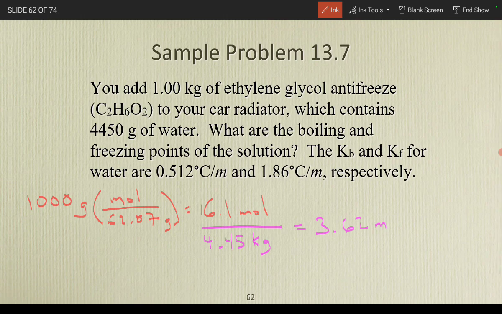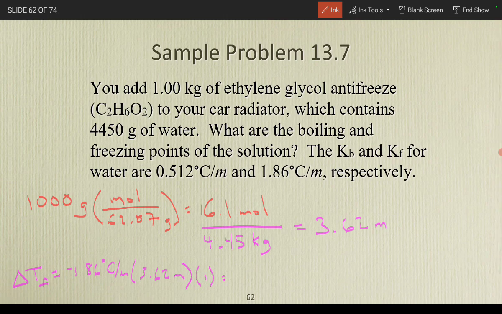But then with the calculation itself, exact same as the previous one. So I'm just going to squeeze it in on the bottom here. But for KF, that means we'll have negative 1.86 degrees C per molal, 3.62 molal, and then just the 1 for the Van't Hoff factor.